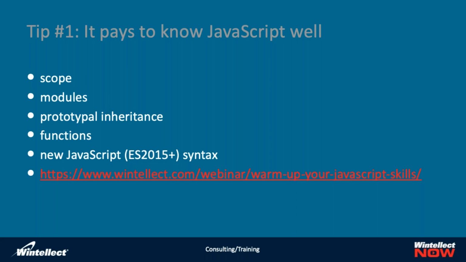So we've had 2015, 2016, 2017, 2018, and now 2019. You can follow this link right here to see my webinar that I did on learning the new JavaScript syntax. And if you're not real familiar with JavaScript or you haven't used JavaScript in the last 5 years or so, I highly recommend checking out this webinar.